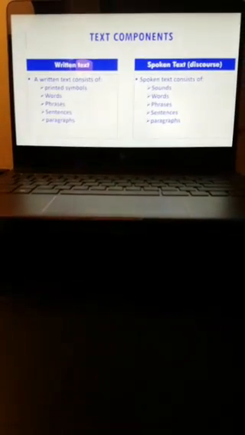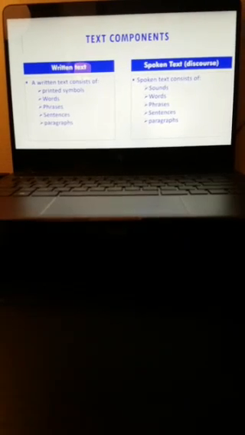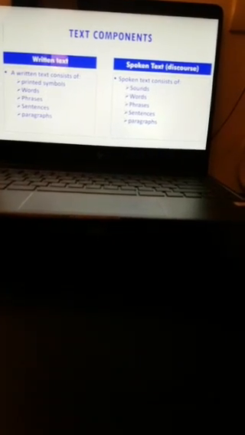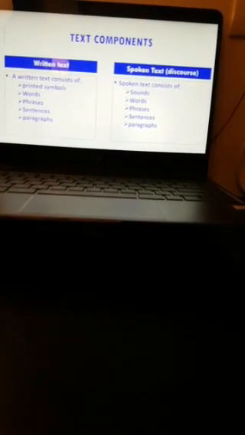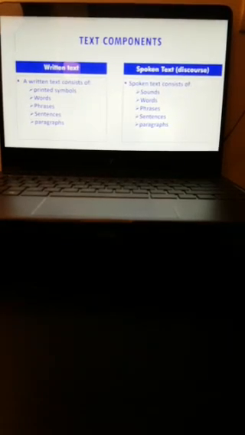Now, the spoken text consists of sounds. These are opposite to the printed symbols because they are spoken. And also the sounds are put together to form words. The words are put together to form phrases, and the phrases are put together to form sentences, and the sentences are put together to form discourse.